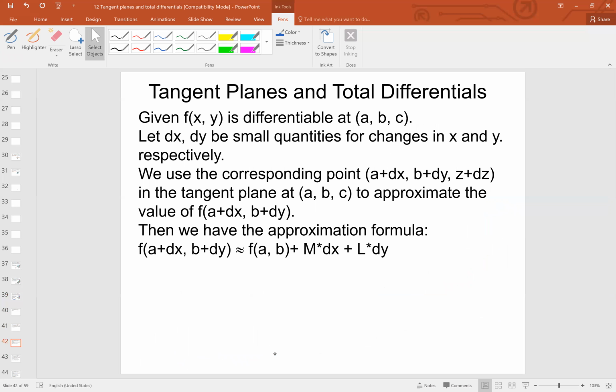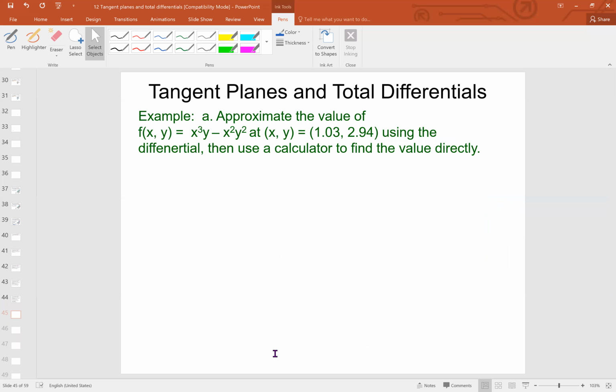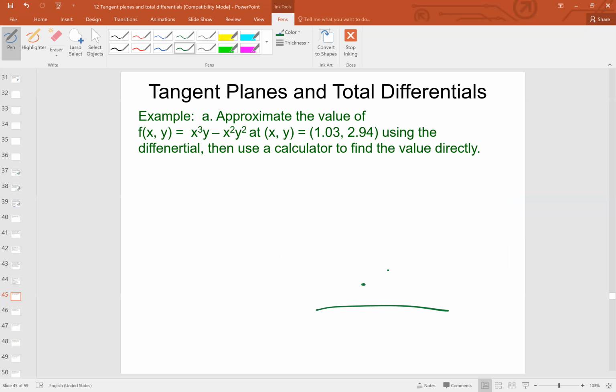Here's an example of how to calculate the total differential. And here's the example. So we are based at a point in XY coordinates. We are based at the point 1, 3.